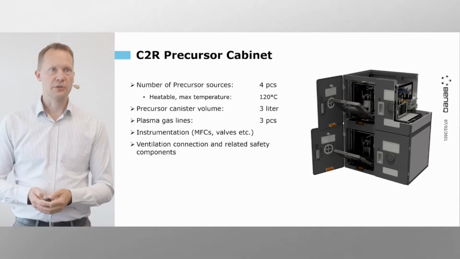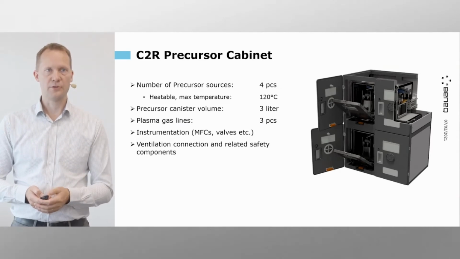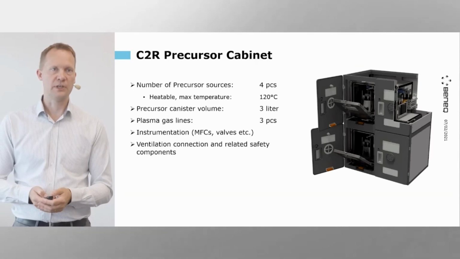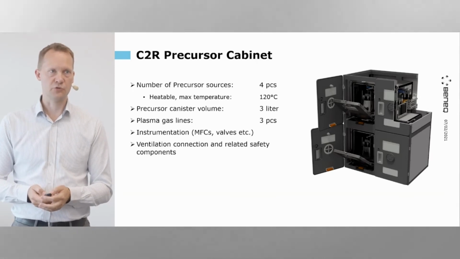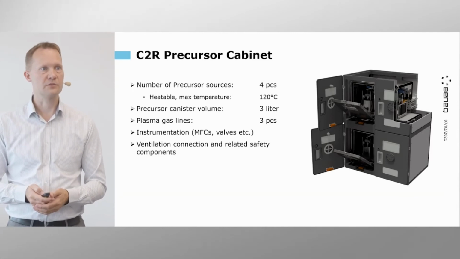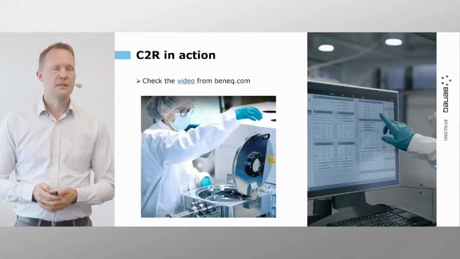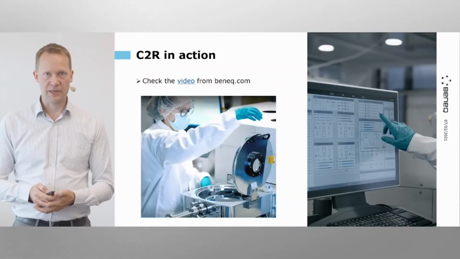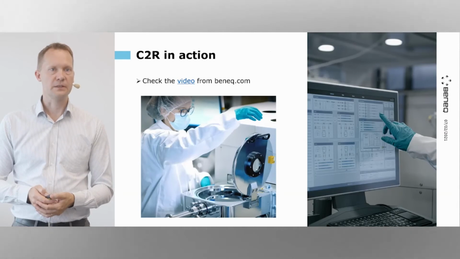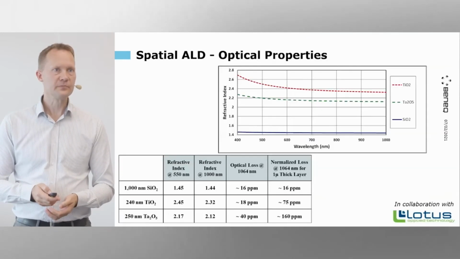Each canister for those liquids is 3 liter in size and can be heated up to 120 degrees C, which opens up nicely quite a lot of possibilities for use of different precursors and thus depositing different film materials. More information is available on our website, where you can check the video also in action.